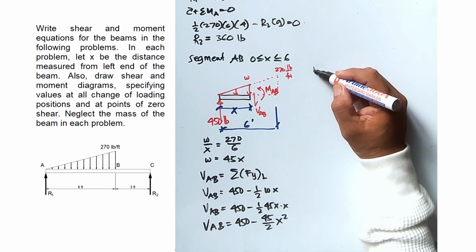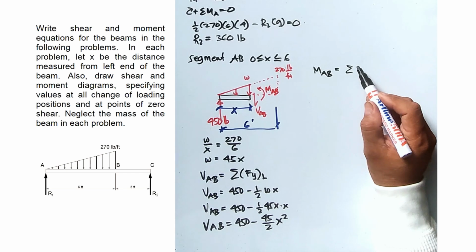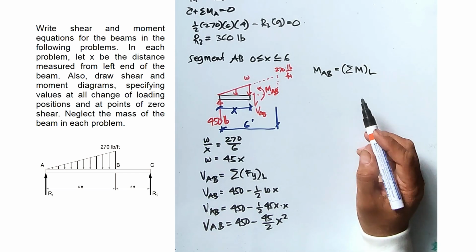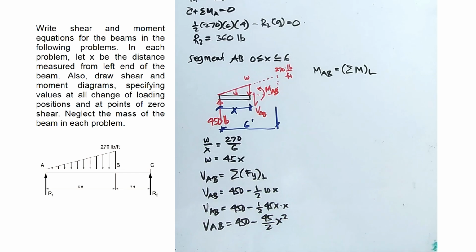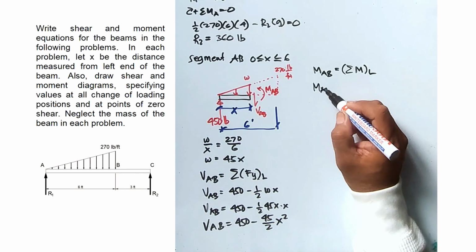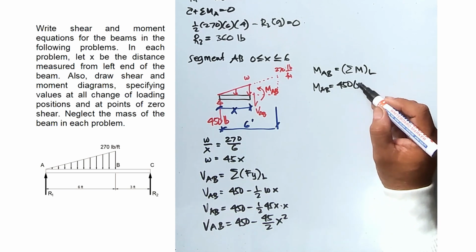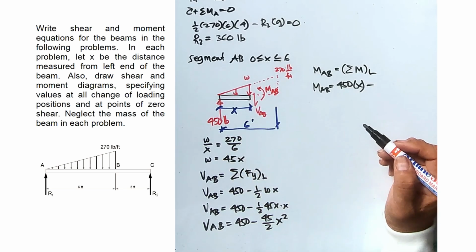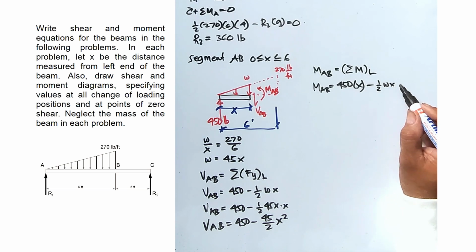And then our moment at AB is the summation of moment on the left side of the section. The sign convention is all moment created by upward forces will be positive. So the moment created by 450 times x will be positive, minus the moment created by this uniformly varying load, which is 1/2 of W times x times the moment arm of x over 3.